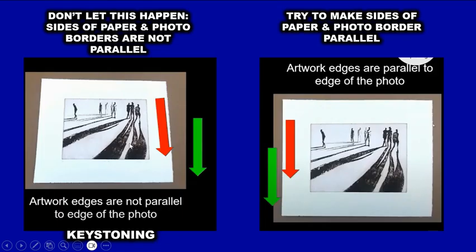This is what keystoning is: when the outside edges of the paper or the artwork are not parallel to the outside edges of your photo. So try not to get this keystoning effect by having your camera at an angle. When your camera is not at an angle, that's when you have these parallel lines on the side, and that's a good thing.